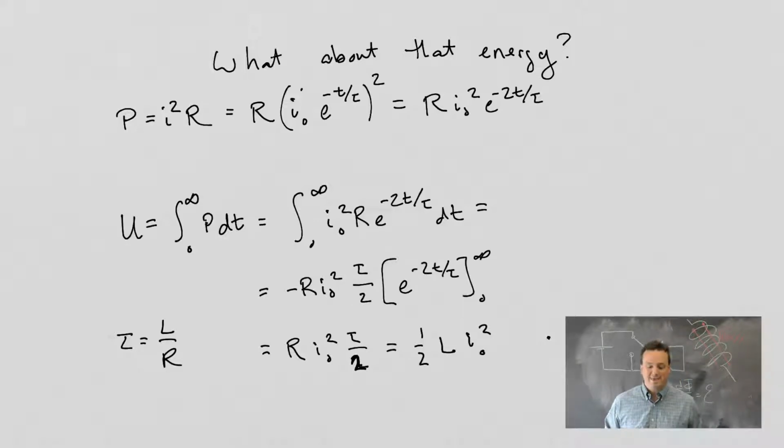And so I get that the amount of energy that I've dissipated is proportional to 1/2 I naught squared times the inductance, right? And so the inductance then parameterizes how much energy is stored inside the inductor, which is really just an expression of saying the inductance tells me how much magnetic field is stored inside the inductor.